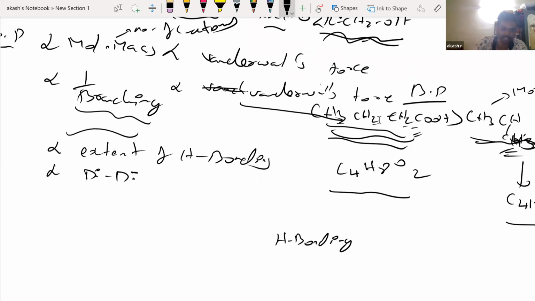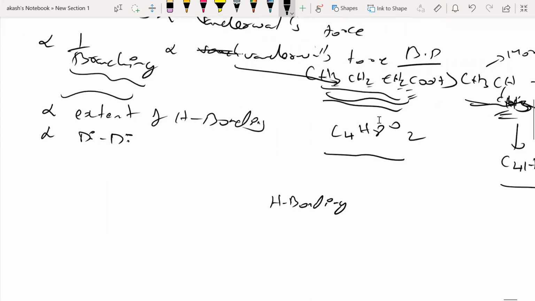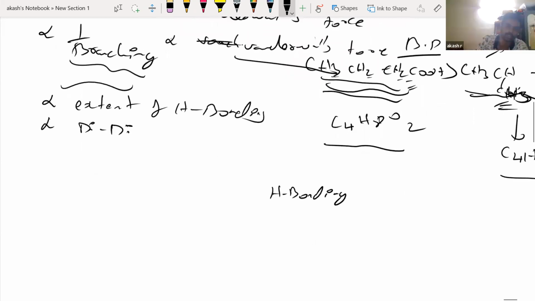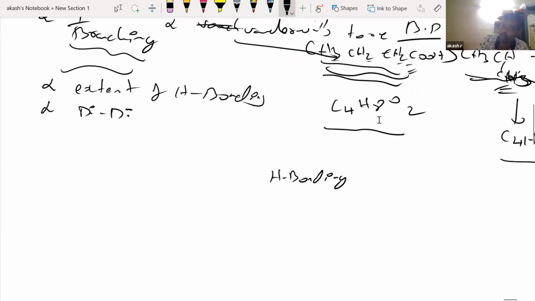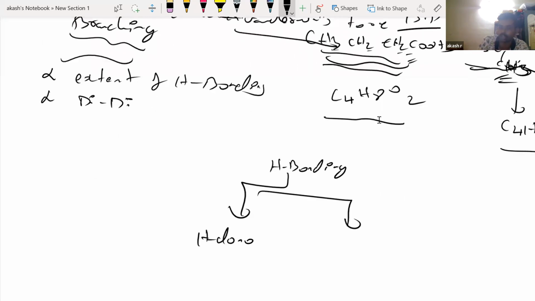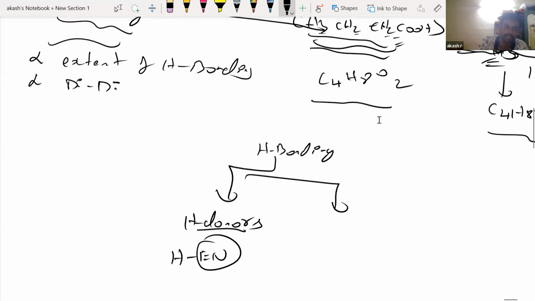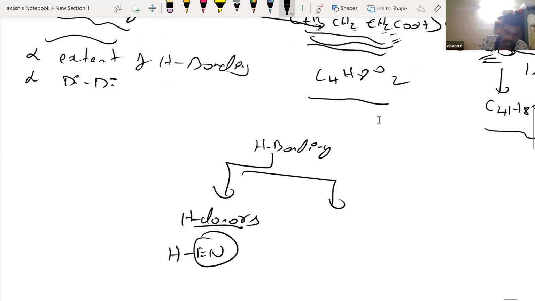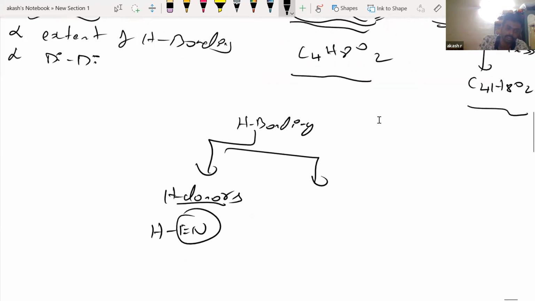So the first condition is that we should have something called hydrogen donors. What she's trying to say is there should be a hydrogen atom attached to a highly electronegative element, and these electronegative elements can only be three: oxygen, nitrogen, fluorine.